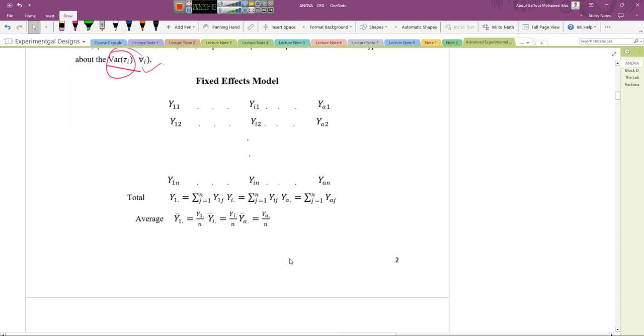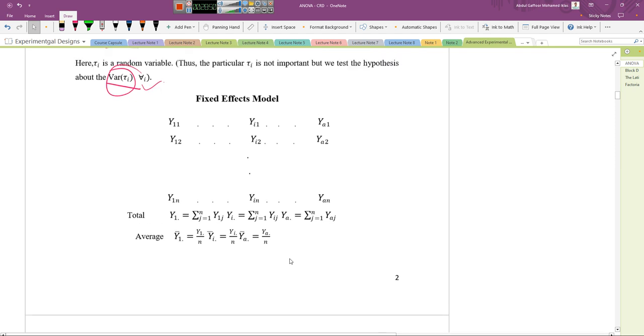So moving to the fixed effect model, as we discussed already, we have a number of treatments, and under each treatment we have n number of observations, right? You can just see this flow chart or the data panel.